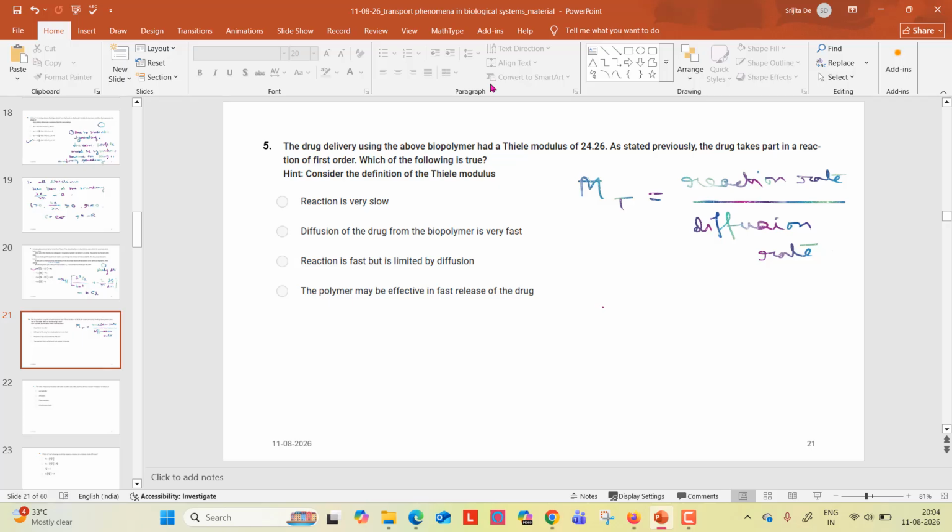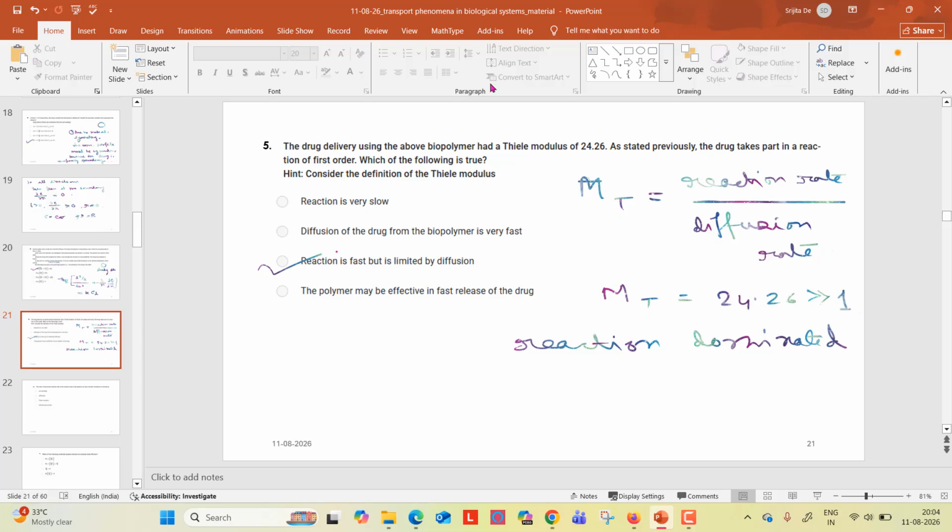So when the Thiele modulus, given as 24.26, is greater than 1, it means it is reaction dominated. So it is option C. Reaction is fast but limited by diffusion.